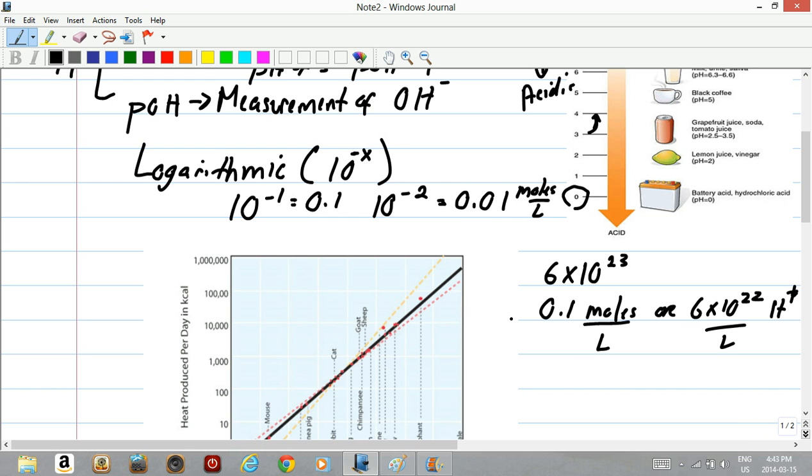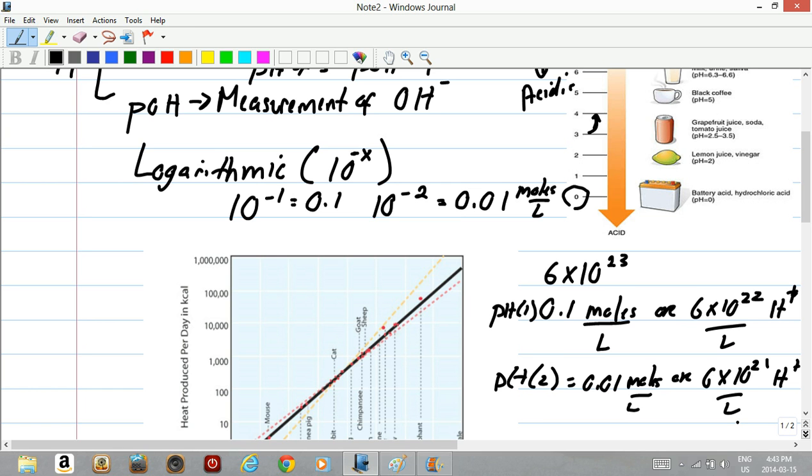And if it has a pH of 2, then we said it has a concentration of 0.01 moles per liter, which translates into 6 times 10 to the 21 particles of hydrogen ions per liter.